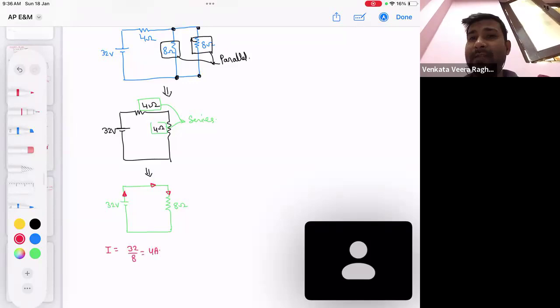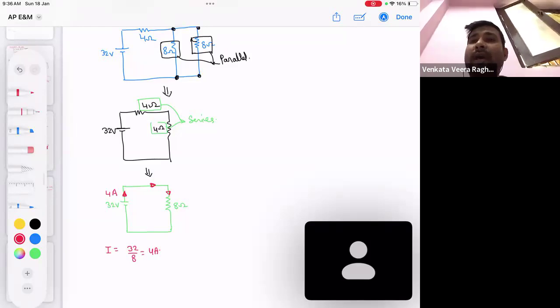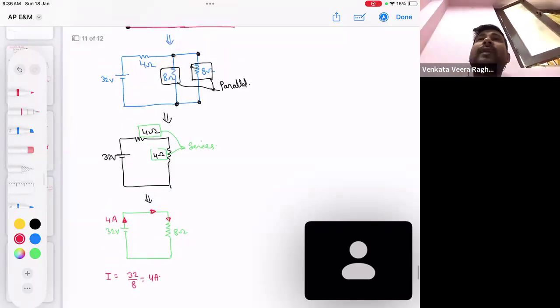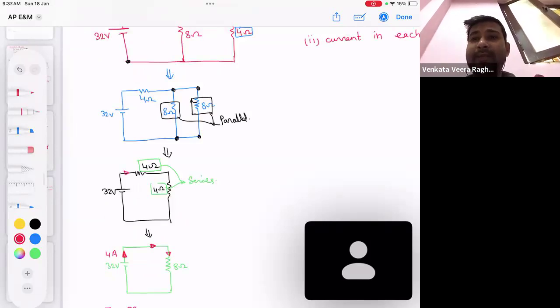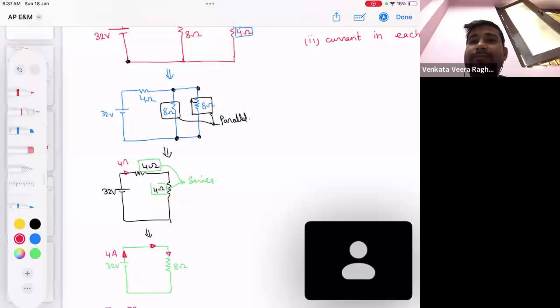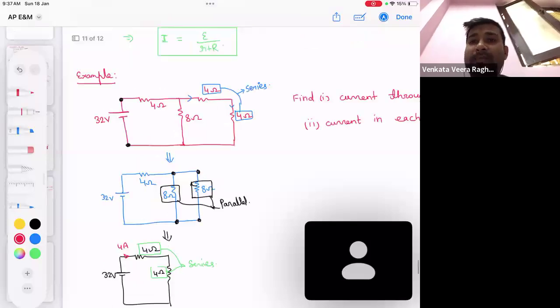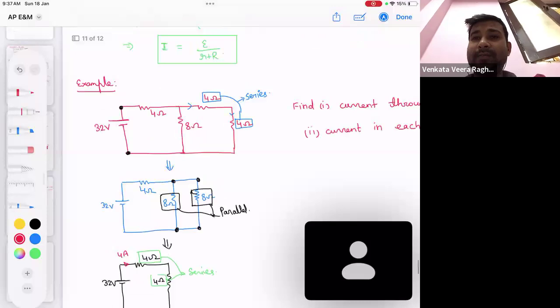That means from here what current will flow? 4 ampere will flow. Right or not? Now let's go backward to calculate the current flowing in each branch. Understood? So tell me, here what is the current flowing? 4 ampere. Same diagram, can I say here the current is 4 ampere? Okay. Let's go backward further.